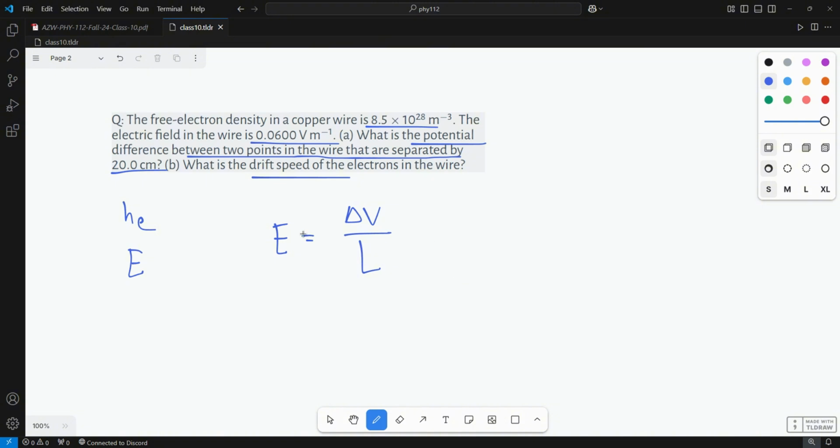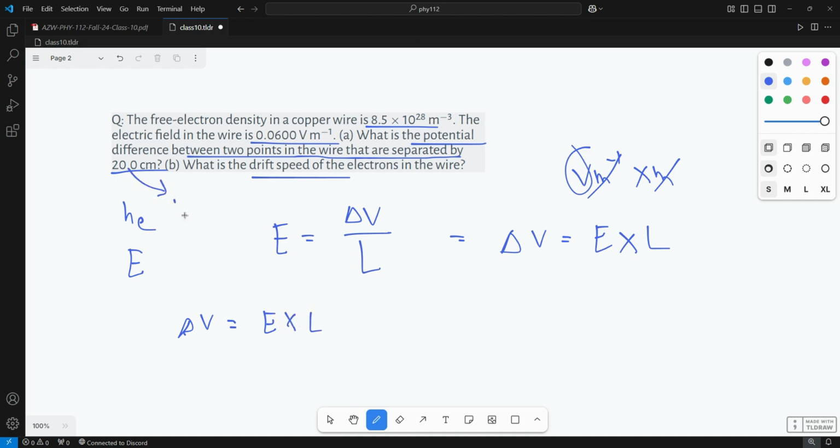So we can find the potential difference as E times L, which also makes sense as E is volt per meter and length is meter. If we cancel this out, we'll get the potential difference. So delta V is equal to E times L, which is this. We have to convert it into meter first.